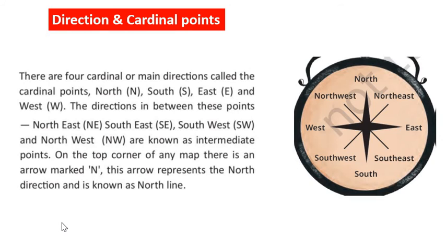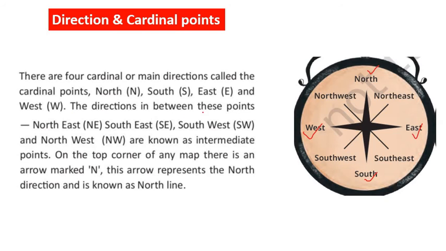Now the next component of a map is direction and cardinal points. You see, there are 4 cardinal or main directions. What are they? They are basically north, south, east and west.